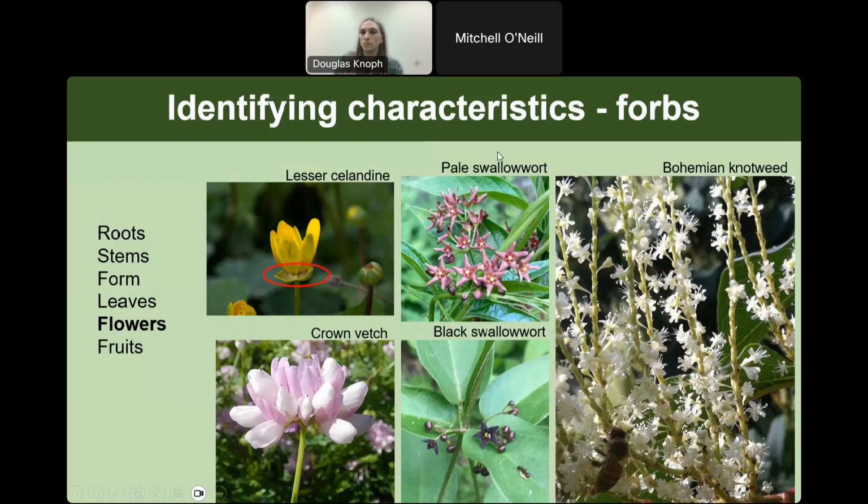And then one of my favorite fun facts for invasive species is with knotweed. So many people are very aware of Japanese knotweed and how common it is. But if you ever go and look at the flowers very closely, this is an example of Bohemian knotweed, which is a hybrid between Japanese knotweed and giant knotweed. And you can see protruding from the end of the flowers are the male parts, the stamens. And that lets you know that it is a Bohemian knotweed because all Japanese knotweed flowers are female.